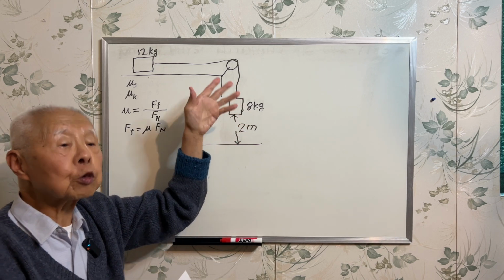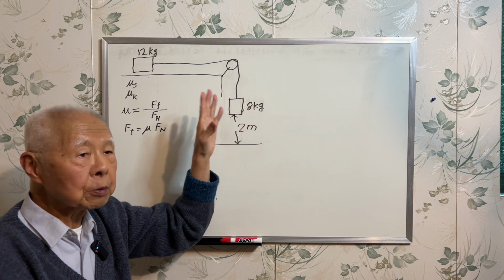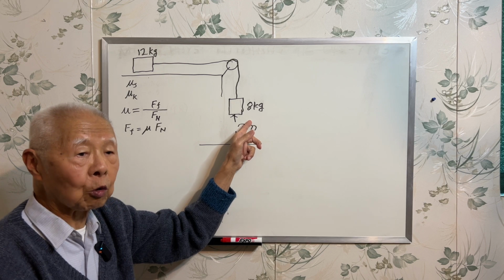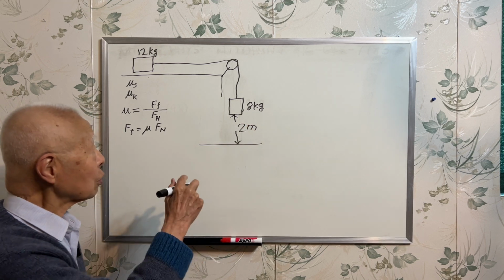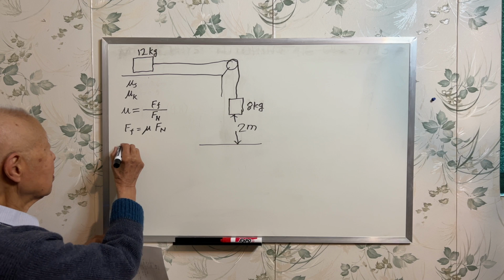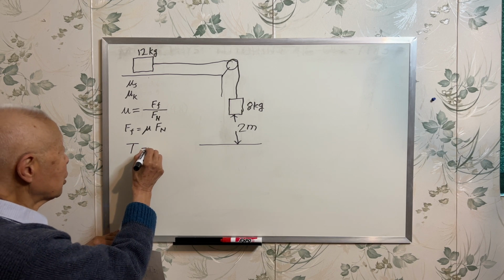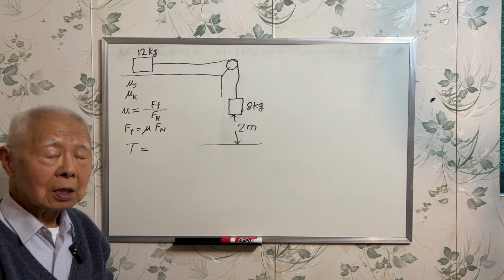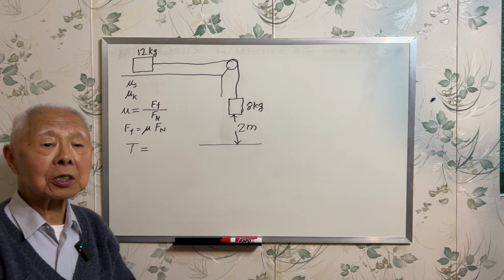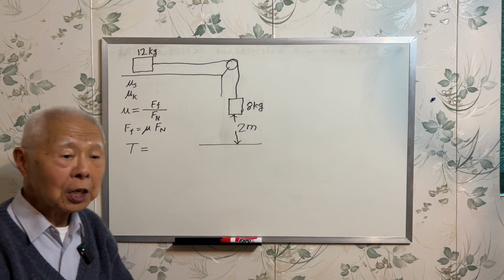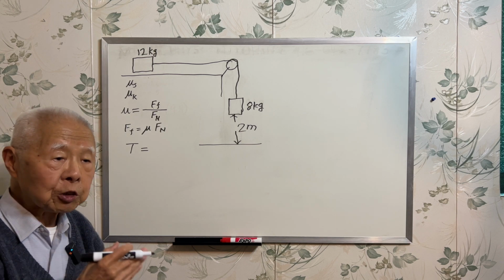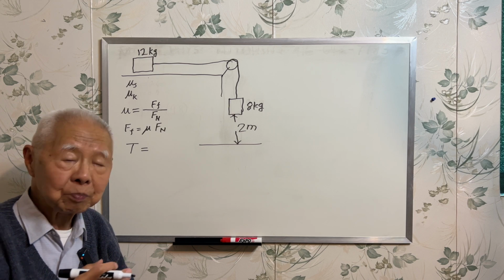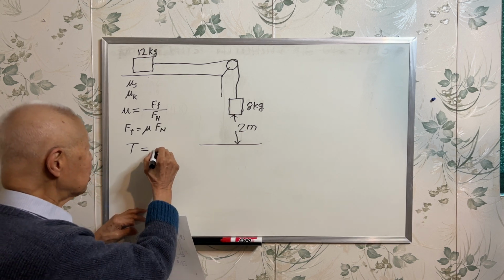Balance means they are equal to each other. Therefore, if it's not moving, the tension is equal to the force of gravity. So tension T is equal to the force of gravity. The force of gravity is mass times acceleration, and this acceleration is the acceleration due to gravity. The magnitude is 9.8. So it's mg.